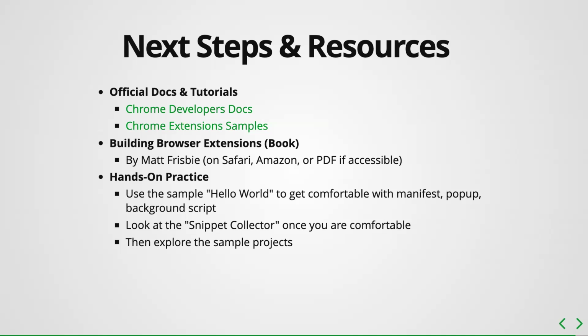Then I suggest you do hands-on practice. Make sure to set up that hello world. Make sure to practice loading that unpacked extension. I can show it to you if you want. And then look at the snippet collector extension. It's a really good starting point because it's showing you how to package the Chrome extension when you have React.